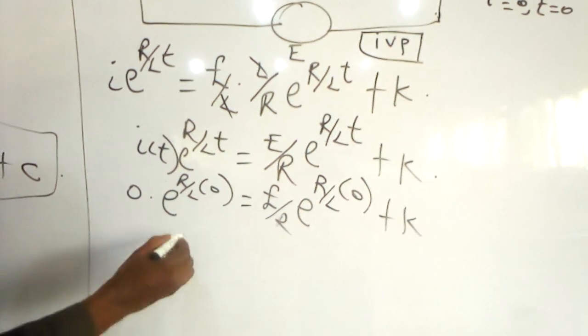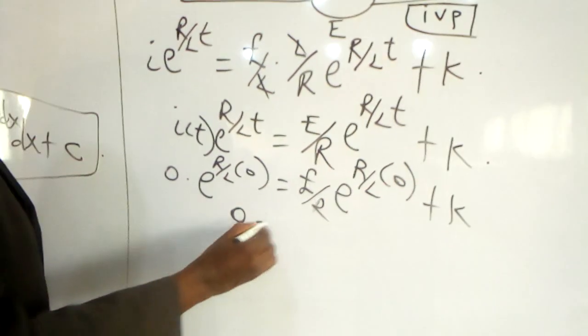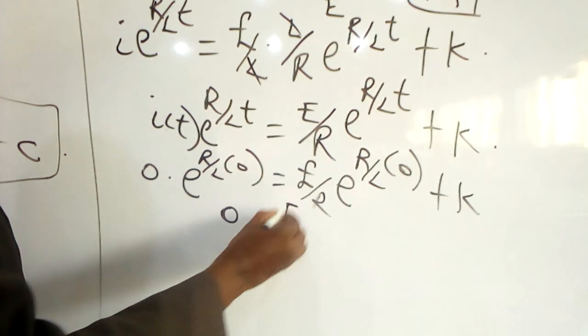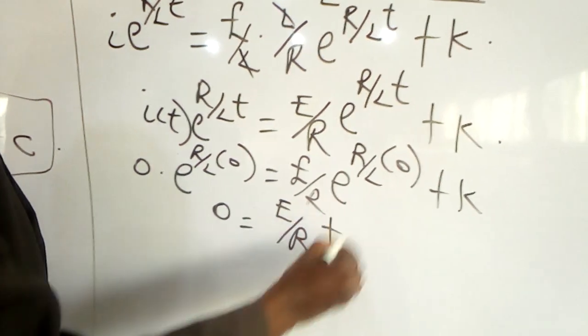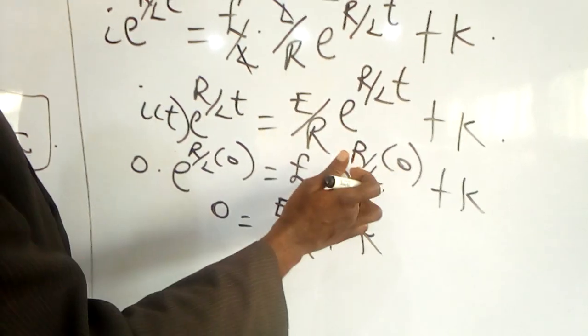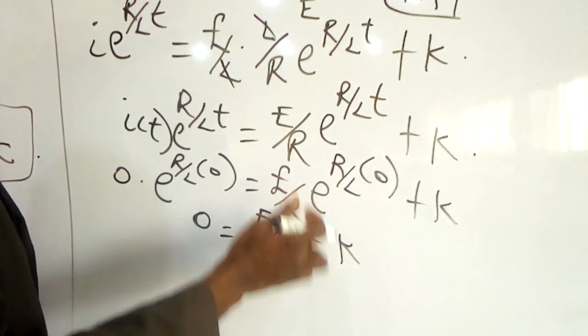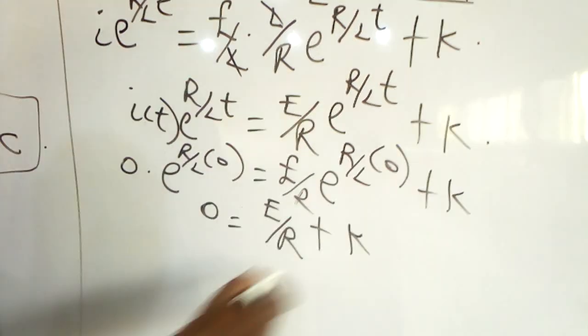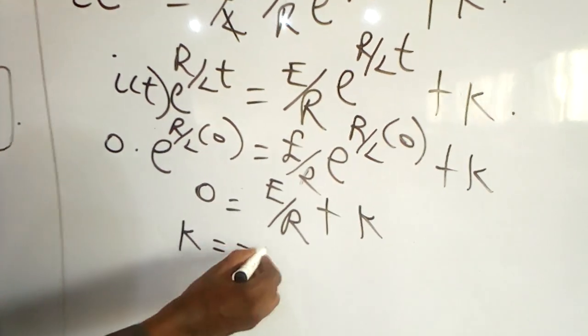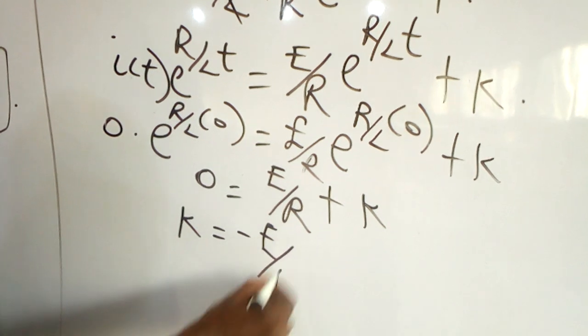So we'll be having 0 is equal to E over R plus arbitrary constant K. Since exponential 0 gives us 1, and this multiplied gives you 0, it means that K is equal to minus E over R.